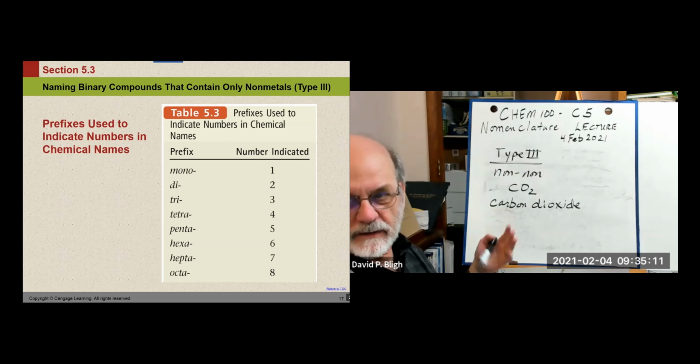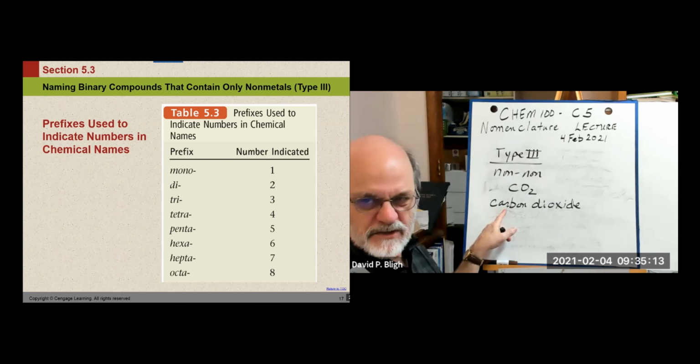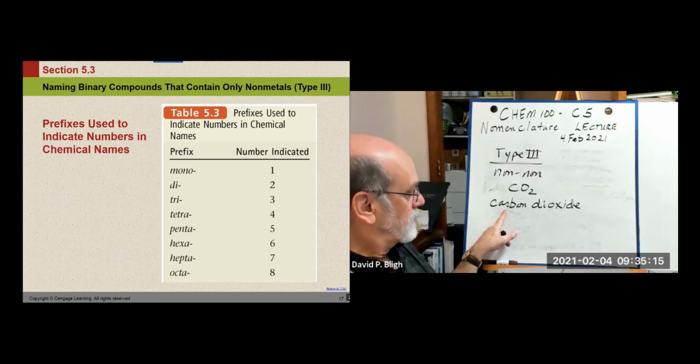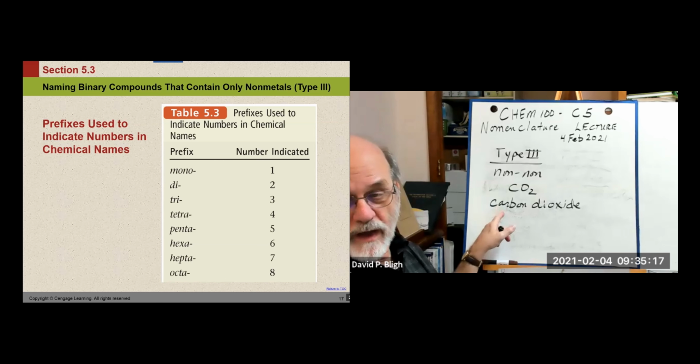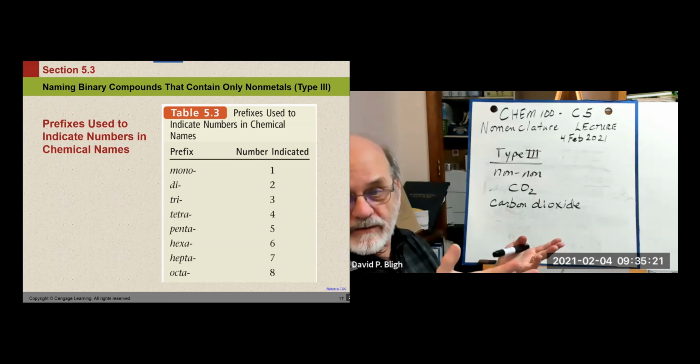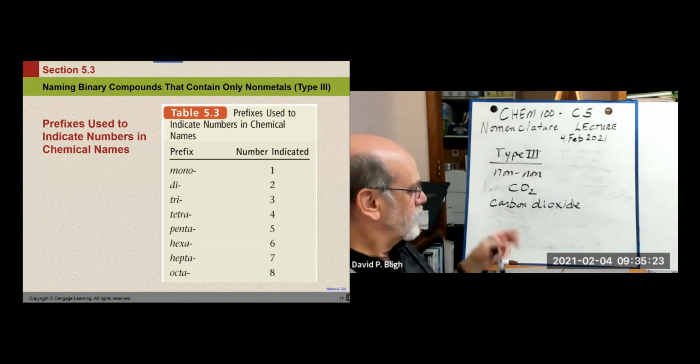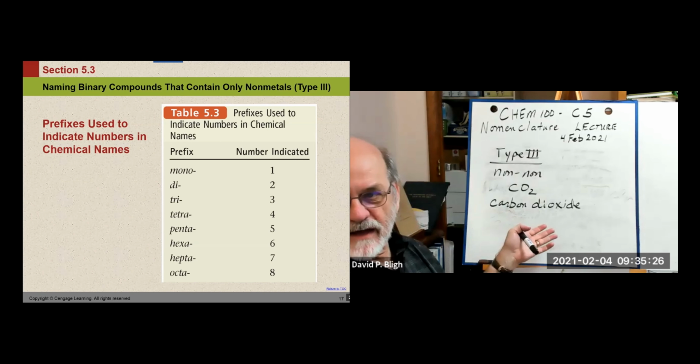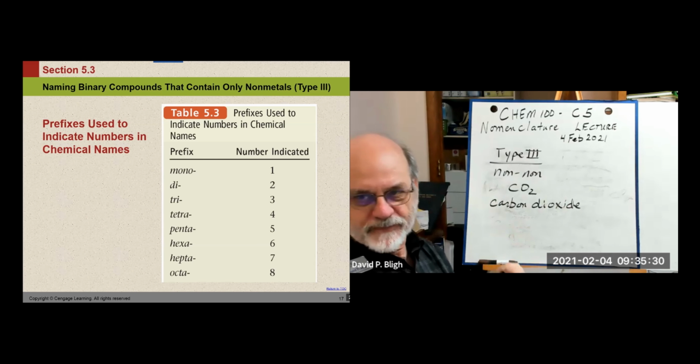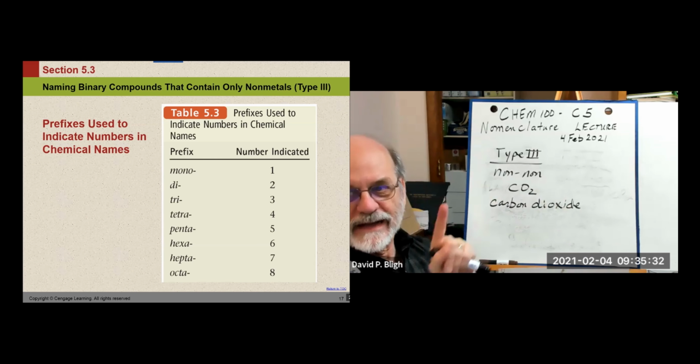It's kind of redundant. Just doesn't sound right either. So we know that if we have one of them, if we say carbon, there's at least one. Otherwise, we wouldn't say it, right? If we say carbon, there's one at least. So carbon dioxide is correct.